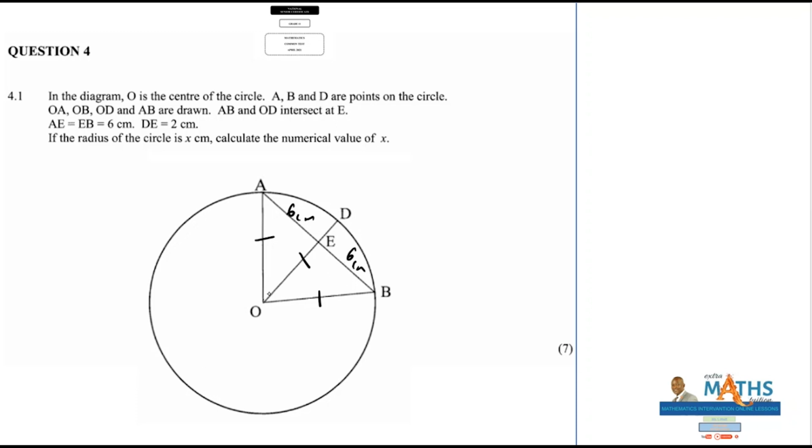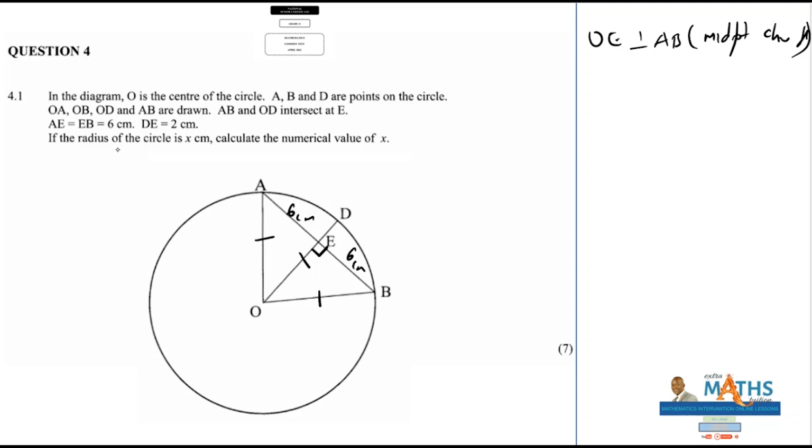Wait a minute, guys. We have a line drawn from the center of the circle to the midpoint of the chord. It means it should be perpendicular to the chord. I can just state that OE is perpendicular to AB. Why? Because of the midpoint chord theorem.